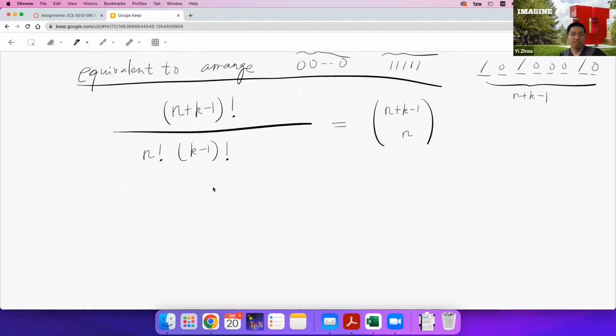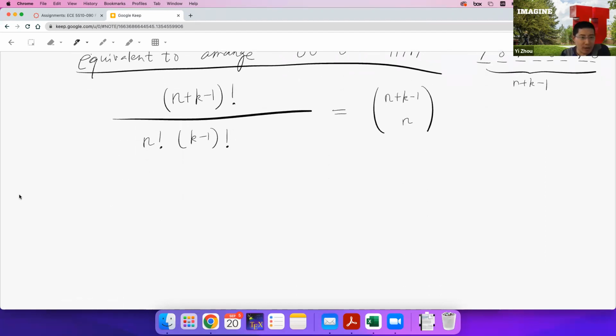Now, follow-up question: what if the balls are distinguishable?